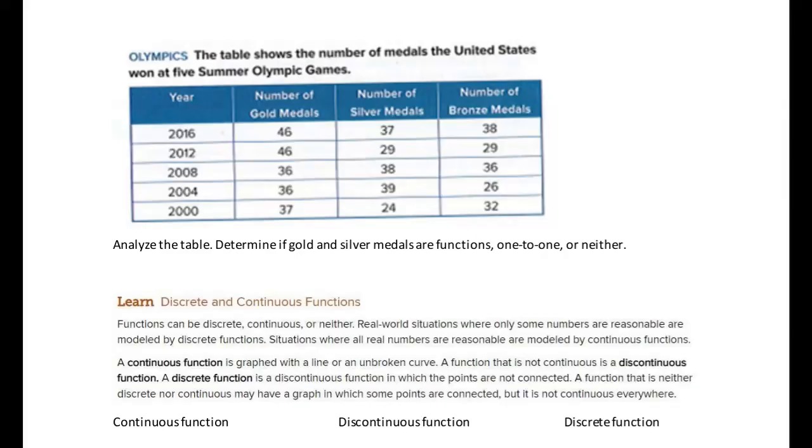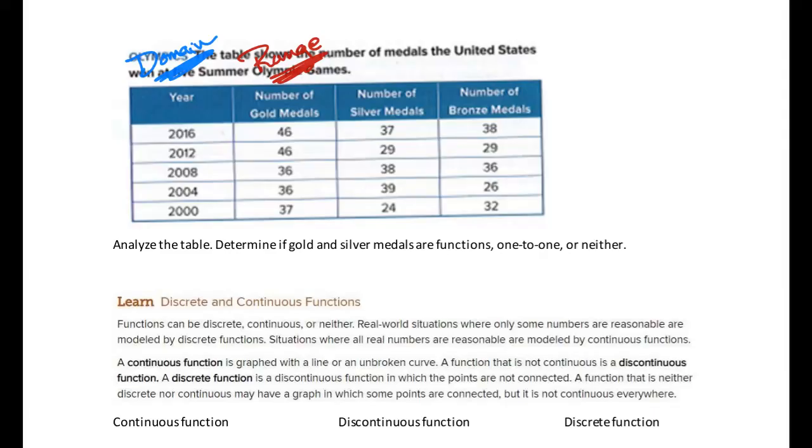Somebody said it. Yes, it's the year. So this is going to be your domain. You might write that up somewhere. And what's going to be my range? For the first one, it's going to be the number of gold medals.